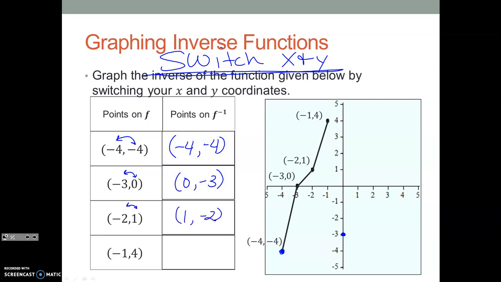1, -2. Okay? Switch x and y. 4, -1 is the inverse. And you can see when you do that, again, these functions will be symmetric about that line.